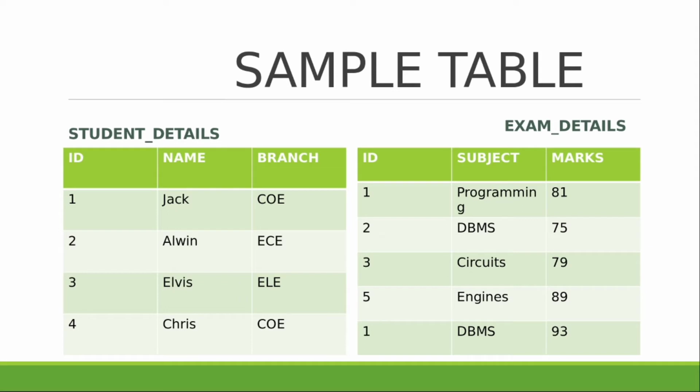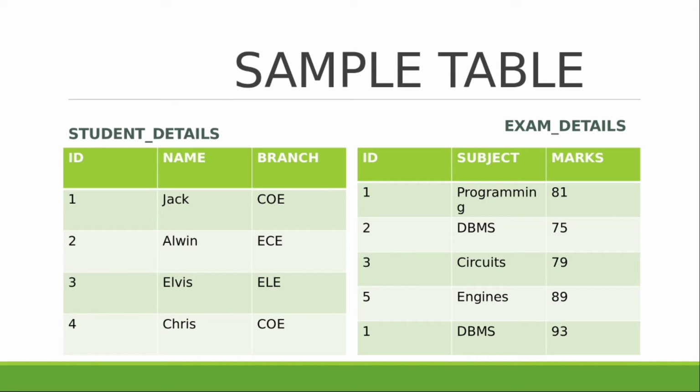There are four records: ID 1, 2, 3, and 4, Jack, Alvin, Elvish, and Chris. On the right hand side are the exam details, with three columns: ID, subject, and marks. You need to take care here that ID is matching in both tables. This is our matching column on which we will join our tables.